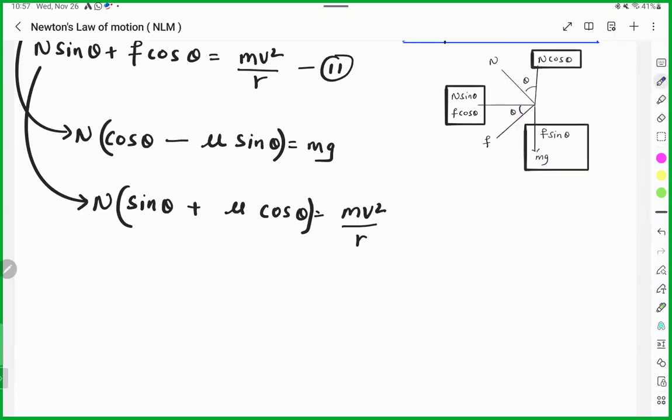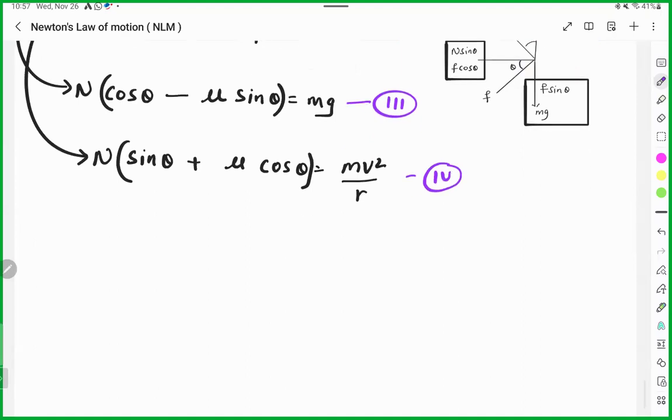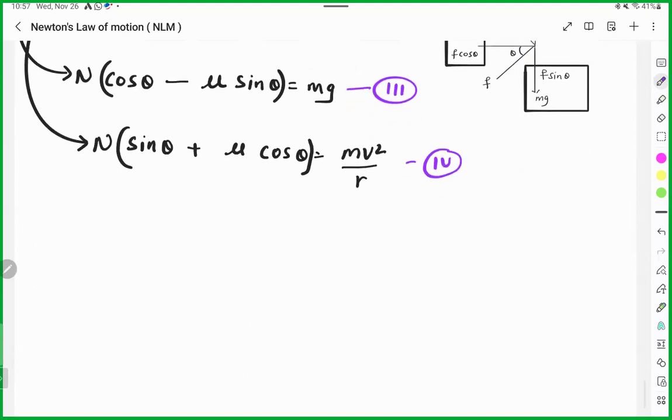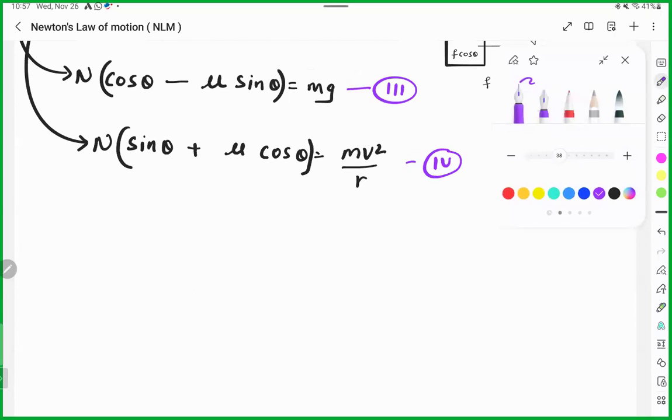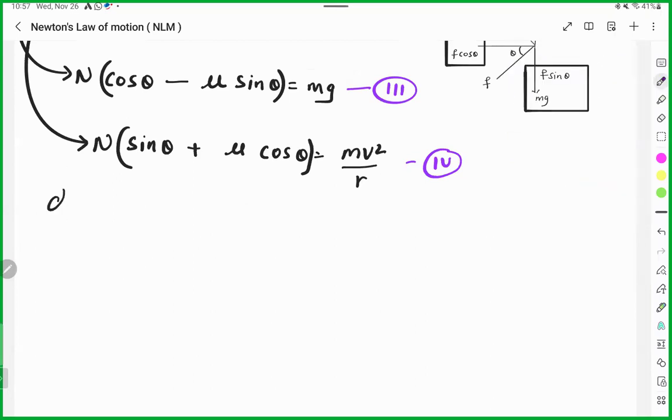Now I am calling it equation 3 and equation 4. If you want to eliminate normal and mass from this situation, what you can do is divide equation 3 by equation 4.